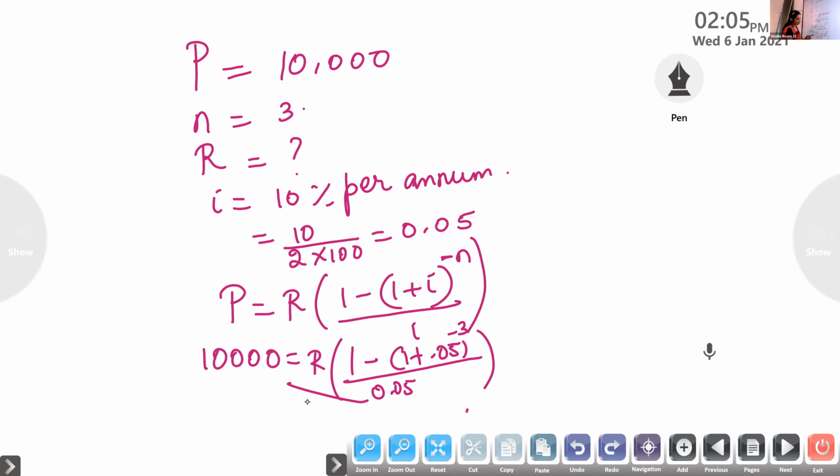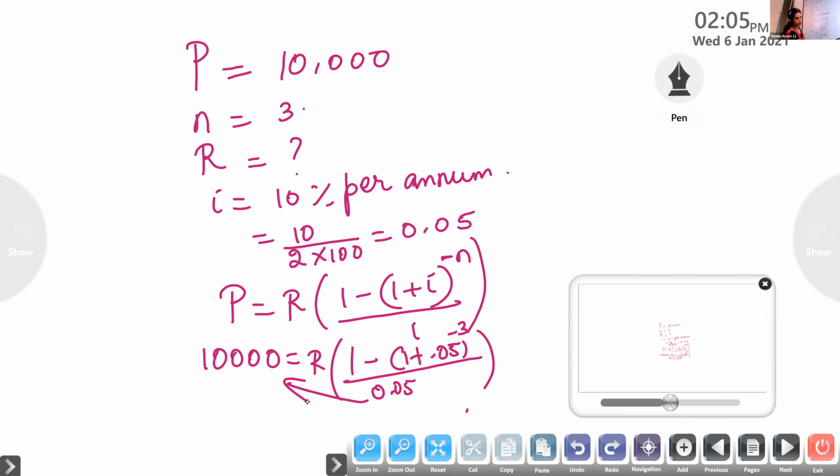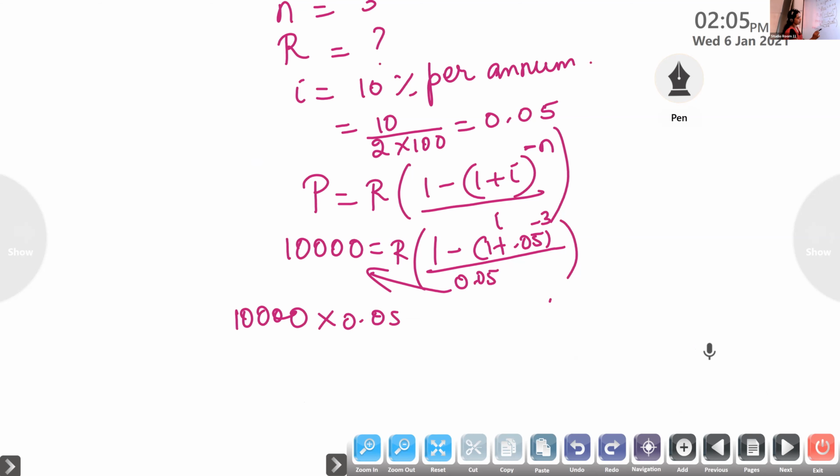The 0.05 you can cross multiply. So 10,000 into 0.05 is equal to R into 1 minus 1.05 whole raised to minus 3.